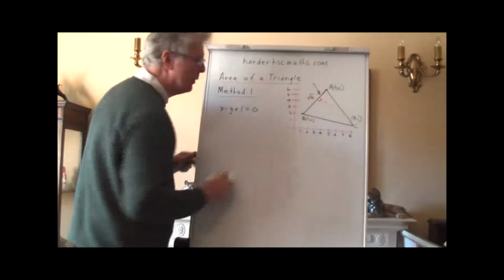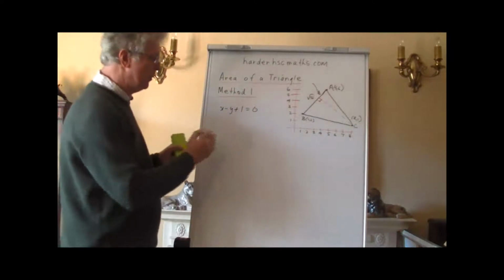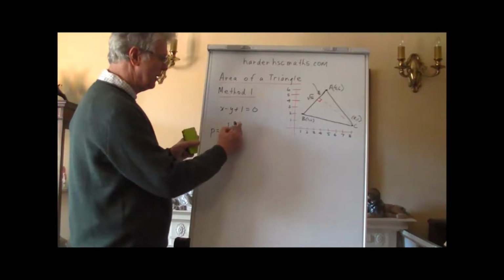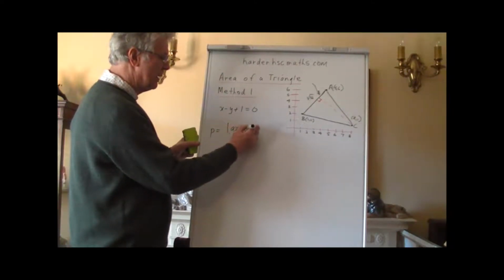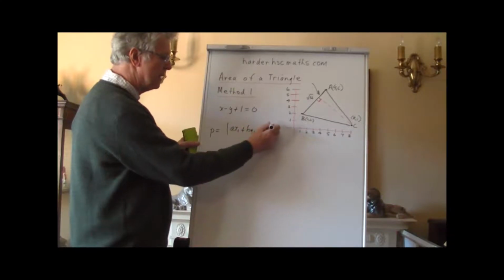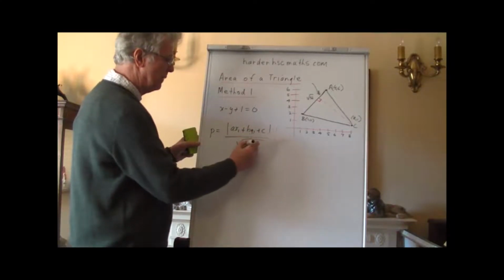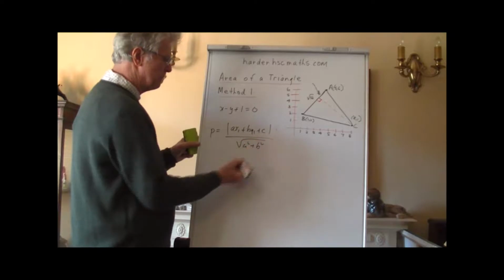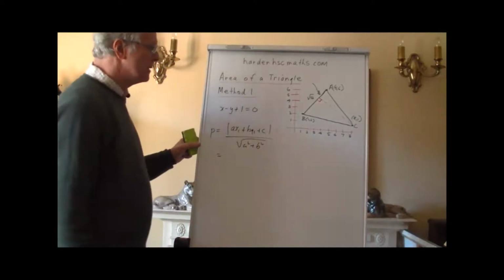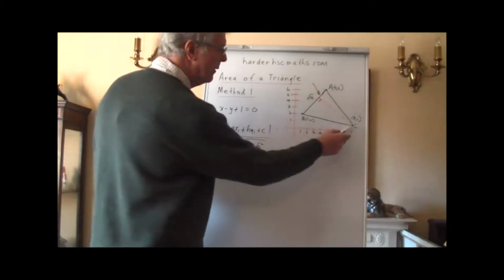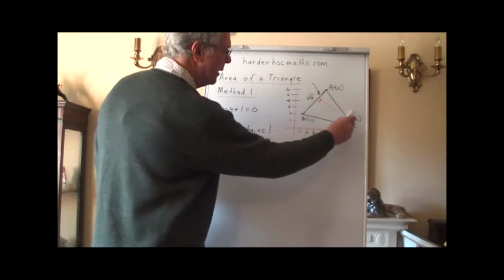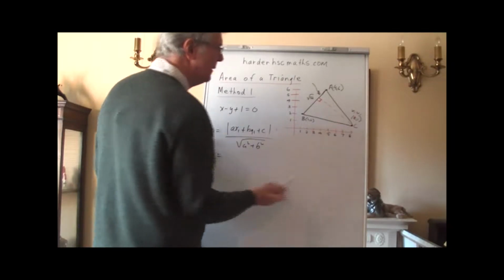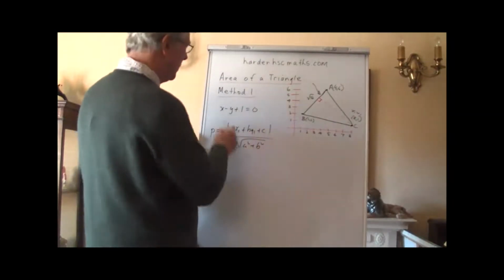Now if you recall the perpendicular distance from a point to a line formula, p is equal to the absolute value of (a x1 plus b y1 plus c) all over the square root of a squared plus b squared. Okay, so we've got C at that point. That's your x1 and your y1. So just put it into the formula.